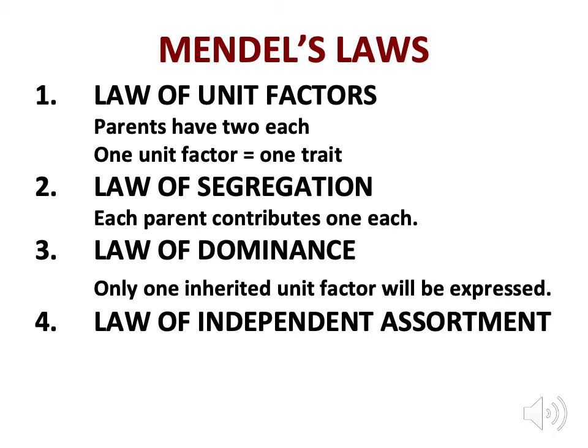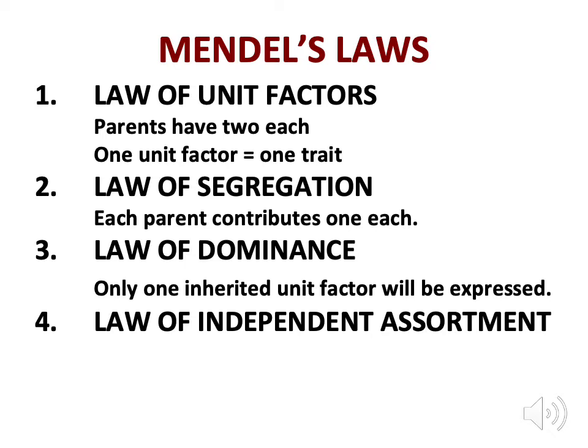But nowadays, we do know that these traits are found on chromosomes. And if two traits are found on the same chromosome, those two traits move together. Wherever that chromosome goes, those two traits go together.